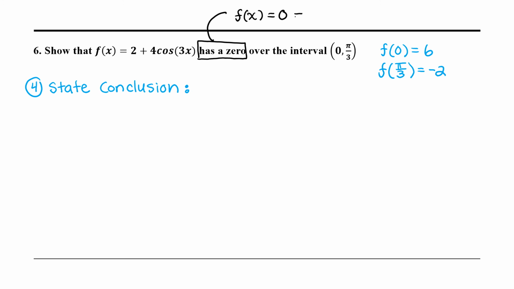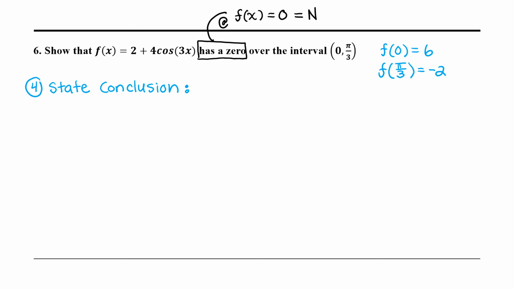Remember that the f of x, whatever it's equal to, is the output. So the output that we're trying to find an input for. The 0 will be whatever x causes this to be true. So rather, this is at f of x is equal to 0. So whatever x will cause this to be true.